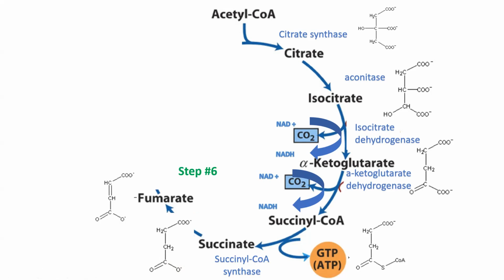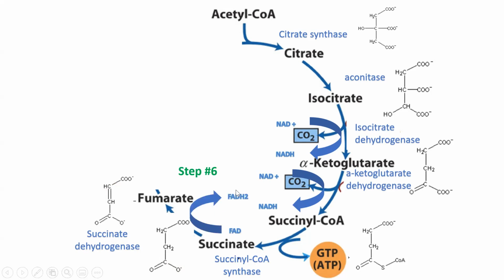And as you can see, fumarate here is also going to gain another double bond. And that double bond is going to require us to dehydrogenate. So succinate dehydrogenase is our enzyme that's responsible for now accepting that hydrogen and producing our third energy carrier. Now this time it's FADH2 that we produce.